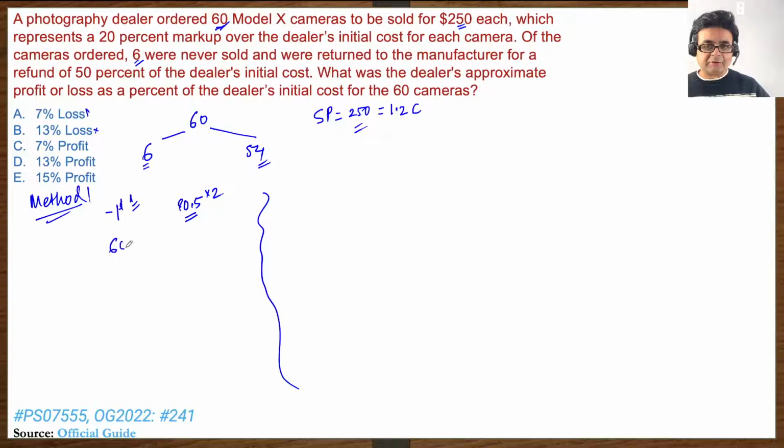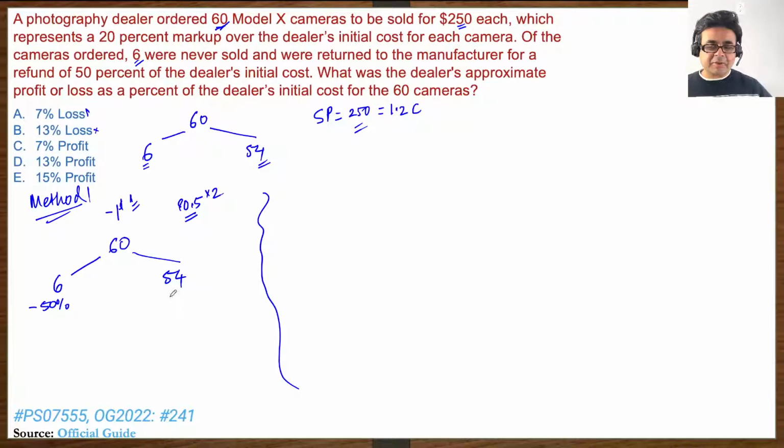So again, I have 60, and 6 went for a loss because I was not able to sell them, and my loss was 50% on my cost price. It doesn't matter what my cost price is at this point. I know that the loss was 50%. You can also write it as 0.5C if you want, but let it be 50%.